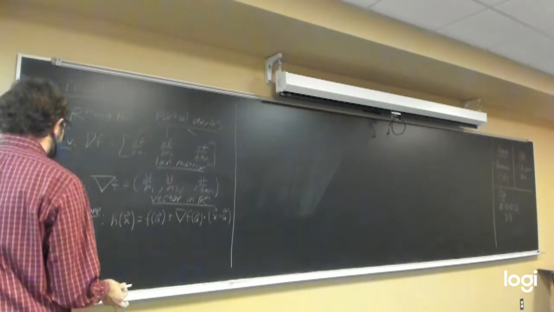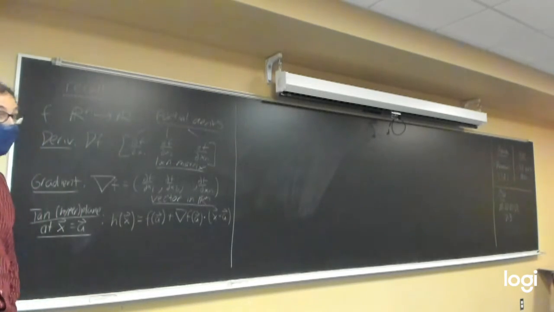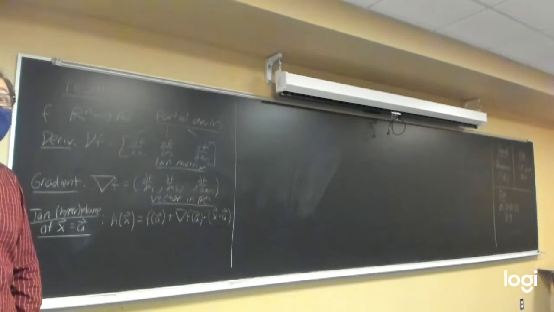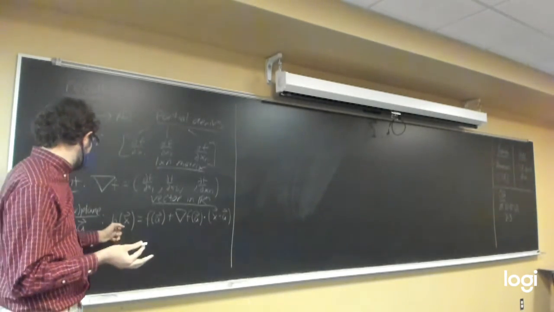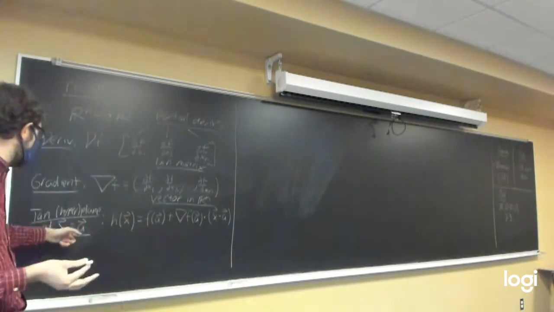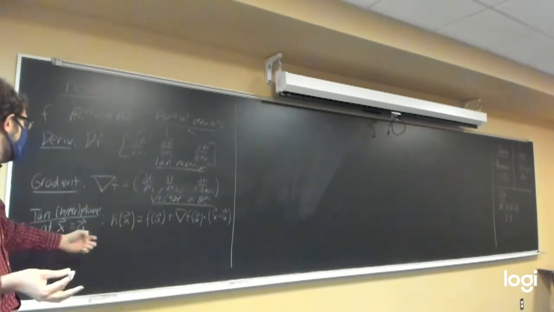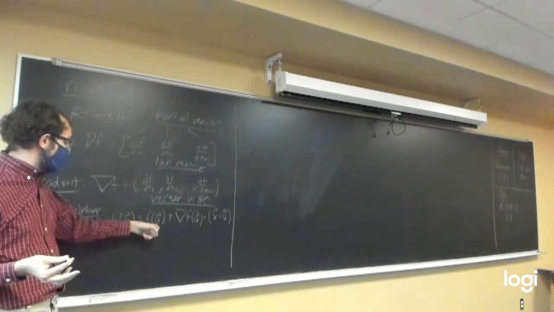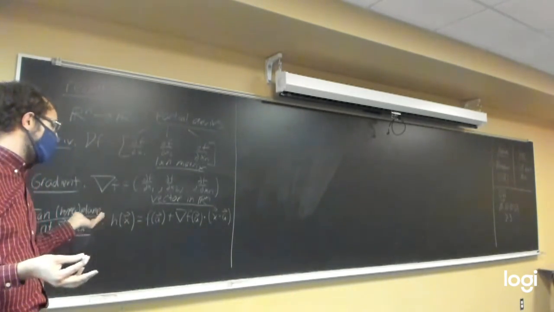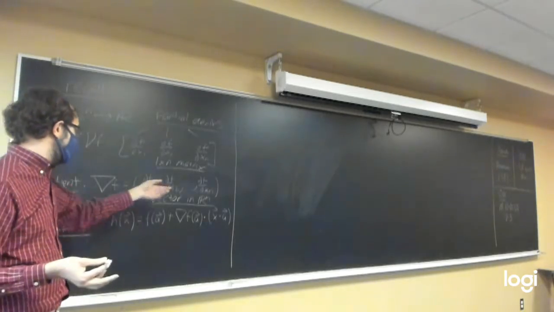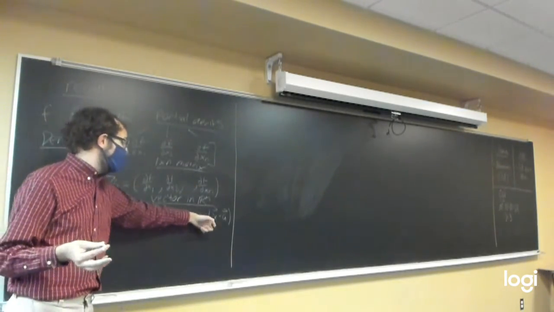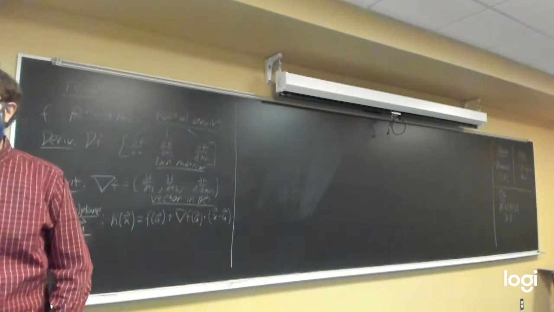And towards the end of the class, we talked about how to find the formula for a tangent plane to a surface, which is very similar to the formula for a tangent line in Calc 1. If you're taking your tangent plane at a point a, then your tangent plane formula is h of x equals f of a plus the gradient of f evaluated at a, meaning this vector of partial derivatives, dotted with the vector x minus a.